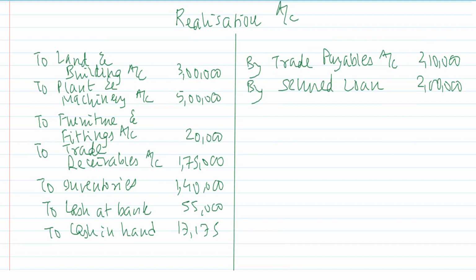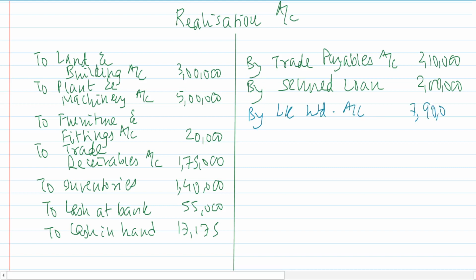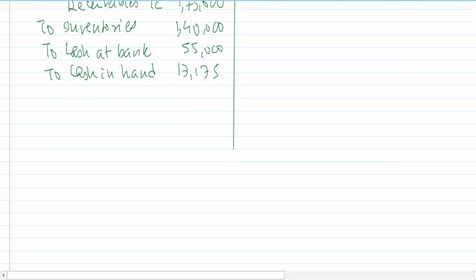The next accounting entry is for purchase consideration due. LK Limited account, debit to realization. Realization is credited. So by LK Limited account, 7,90,000. That itself will give rise to the new account now.